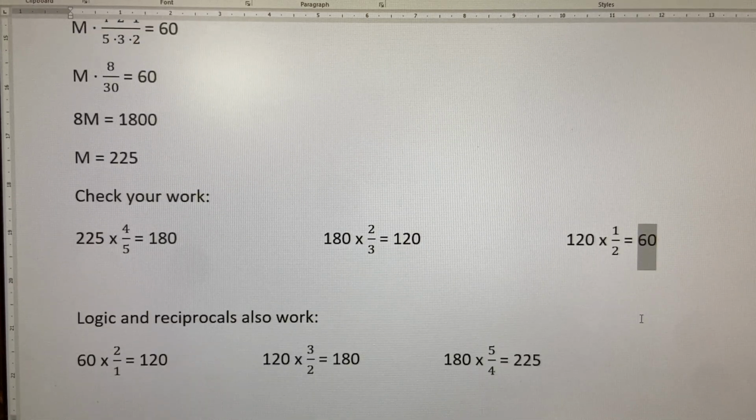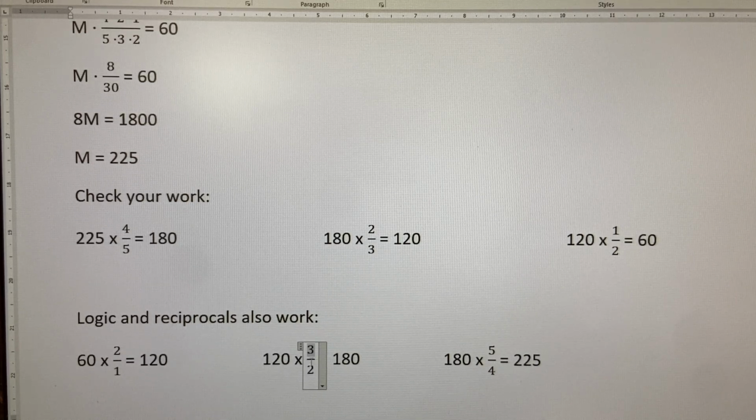How this looks with reciprocals is this. The words here are your $60, and having spent half of your money, you must have started with twice as much money as what you have in your hand. So twice as much is replaced here by 2/1 as a fraction. The same logic applies, the same reciprocal applies here.